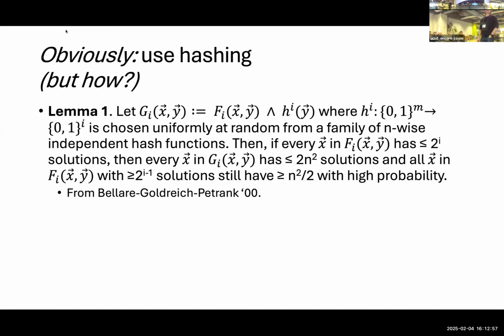Okay, and specifically, I want to use this lemma from Bellare, Goldreich, and Petrank, where you take an n-wise independent hash function, and that's going to guarantee for you that if you have at most 2 to the i solutions, then after sticking this hash constraint on there, you have at most n squared solutions, where n was the number of bits in the universal player's contribution.